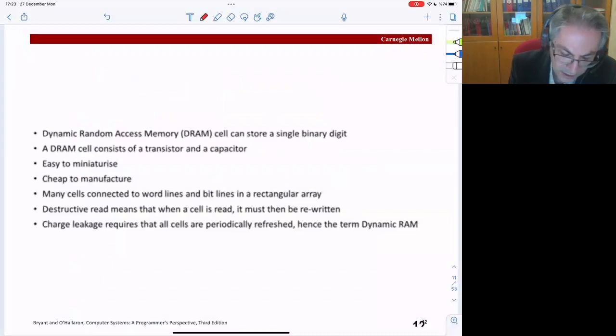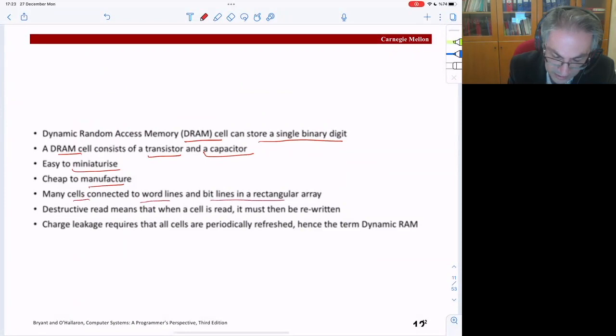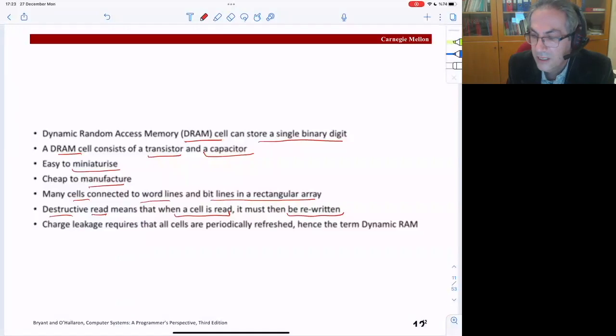So with the DRAM cell, you can store a single binary digit. It's implemented using just a transistor and a capacitor, so it's easy to miniaturize and cheap to manufacture. Many cells are connected to word lines and bit lines in a rectangular way. Destructive read means that when a cell is read, you have to rewrite it, because you have leaked some voltage.